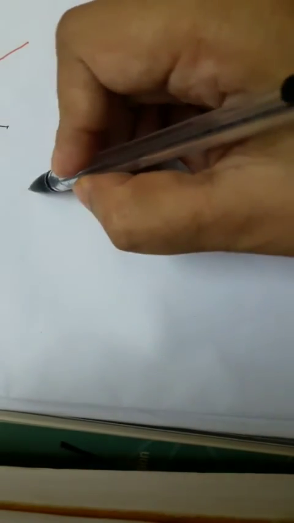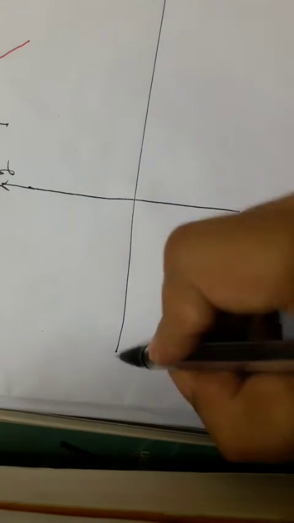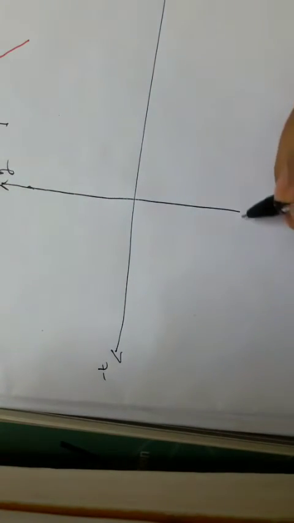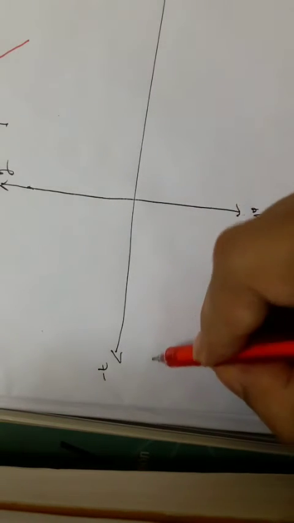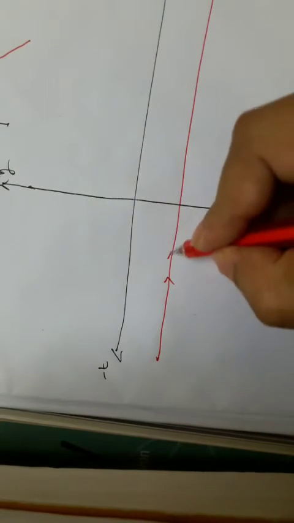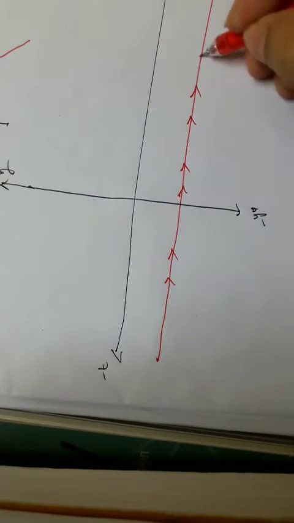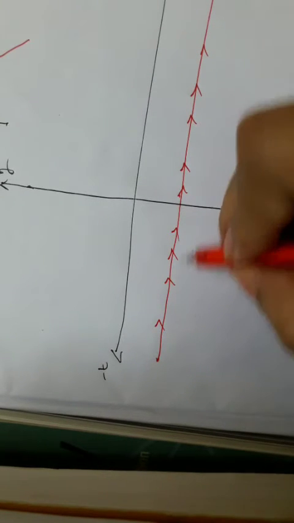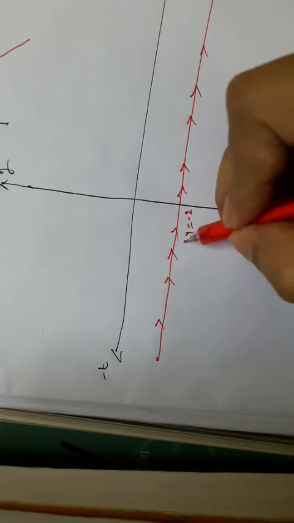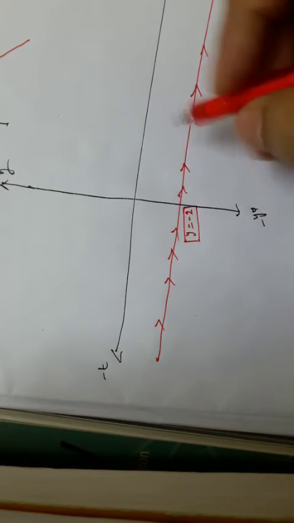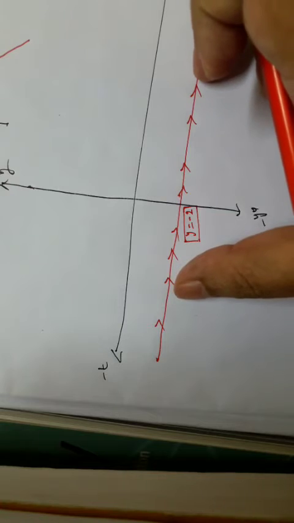Let me draw another fresh picture. This is y, this is t, this is the negative t axis, this is the negative y axis, and this is the steady state solution of the given differential equation, and this line is y is equal to minus 2. Now we check whether this is stable or unstable.